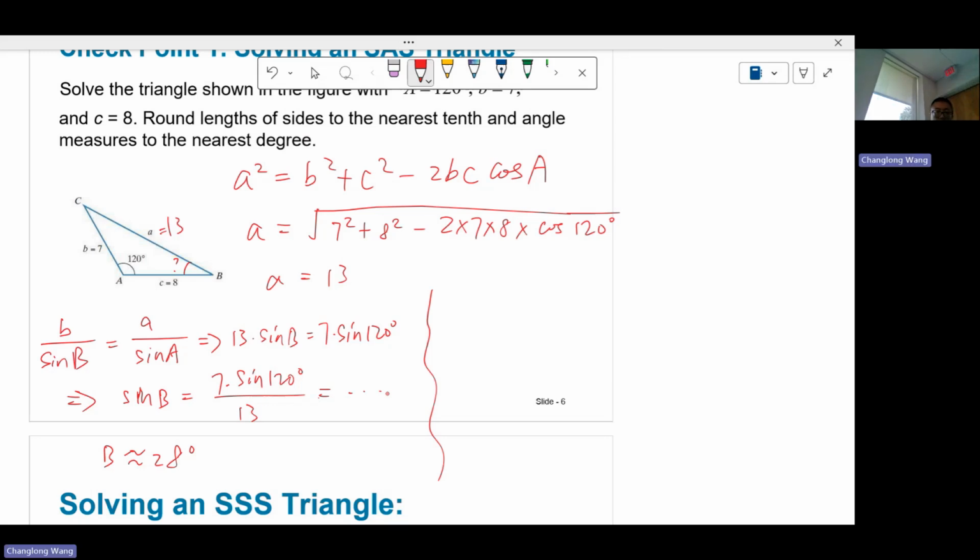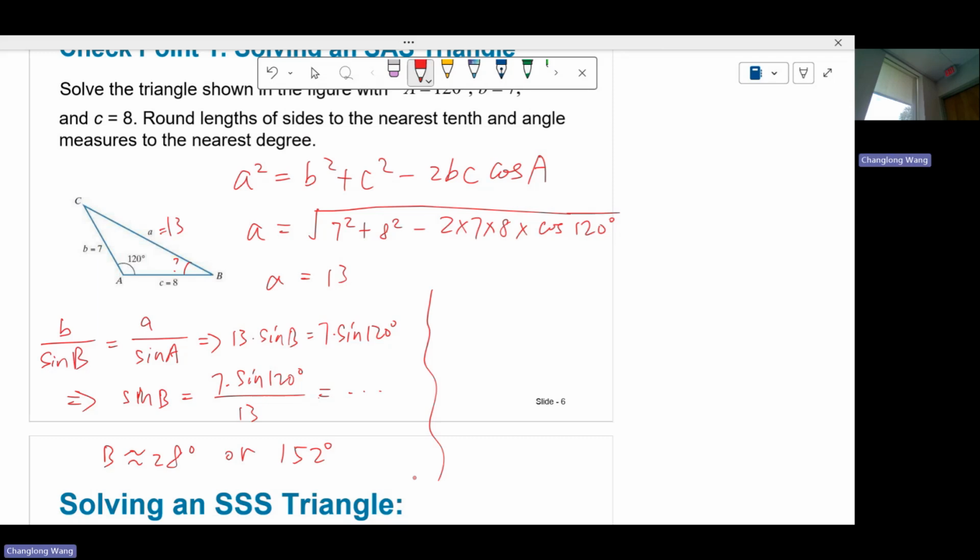B could be 28 or 152. That's the supplementary angle. That will still work out. Remember that? That was what we did yesterday, the ambiguous case. But in this case, would you keep both of them?